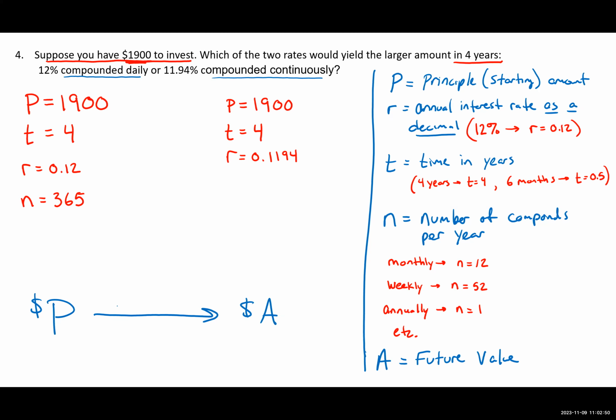So in both of these cases, we're trying to determine if the first option or the second option is better. So A is the question mark, which would yield the larger amount, which ends up with more money.